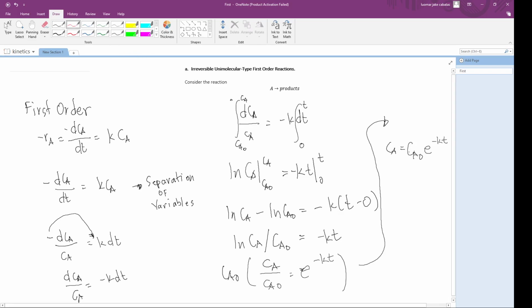So this is now the equation you'll be using for a unimolecular irreversible first order reaction given this type of chemical reaction.